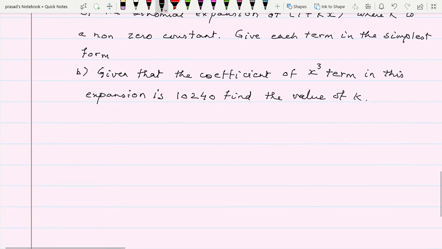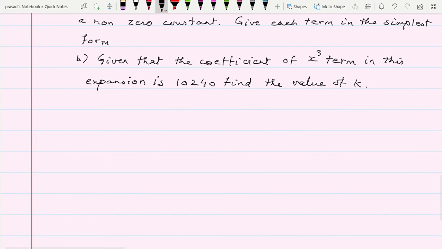Let us write the expansion of 1 plus kx to power 6. The first term is 1, and keep it in mind that any power of 1 is 1 only. So here a is 1. In the second term, the coefficient is 6c1, then 1's power will be 5, and here kx.